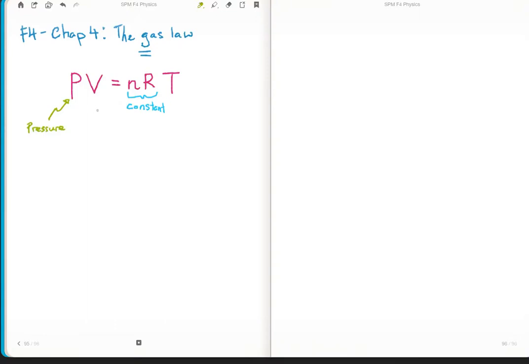You get to use it here, where V is volume, and T would be temperature in Kelvin.